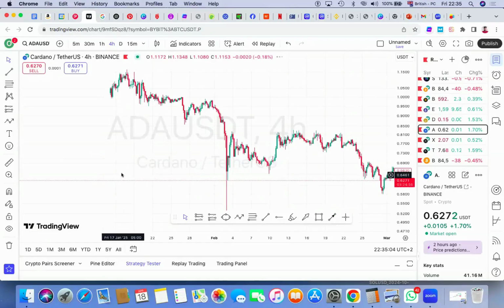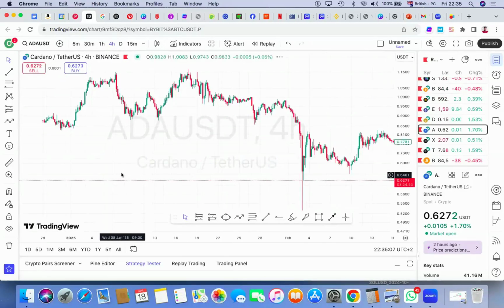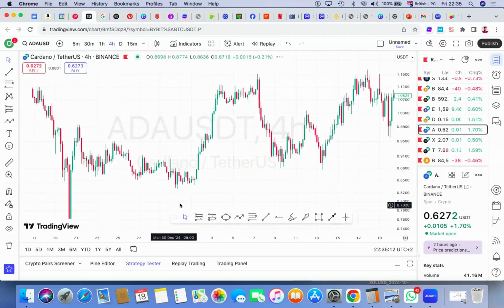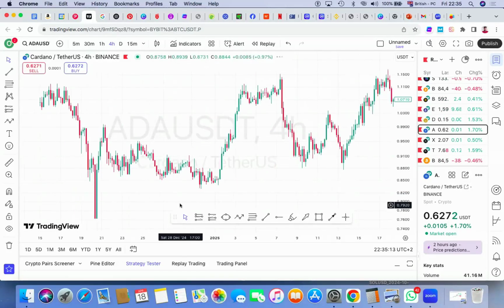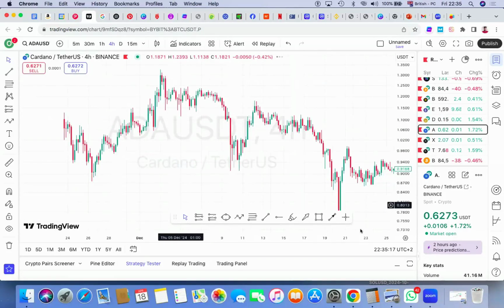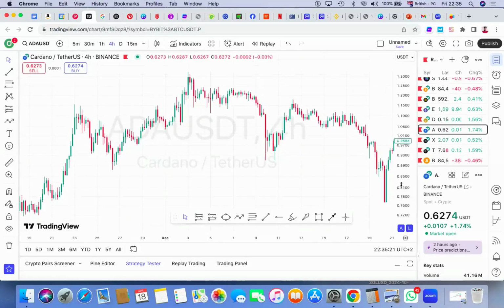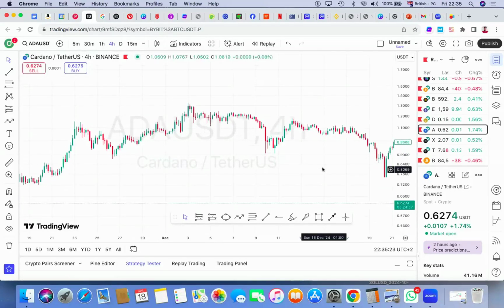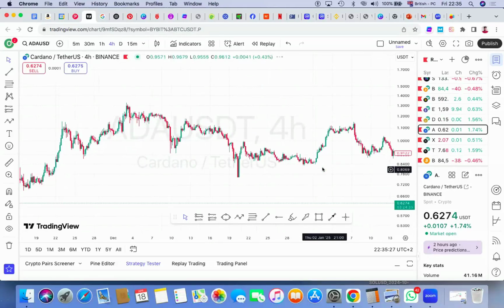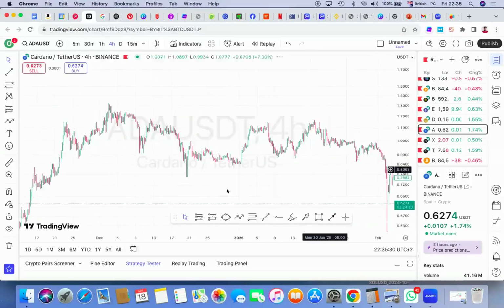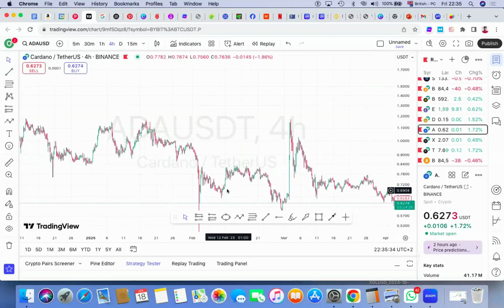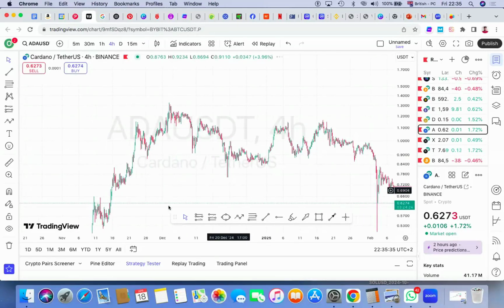Using the path. This market is not actually... okay, let me try and zoom in and see. Okay, here. You can use this as an example.